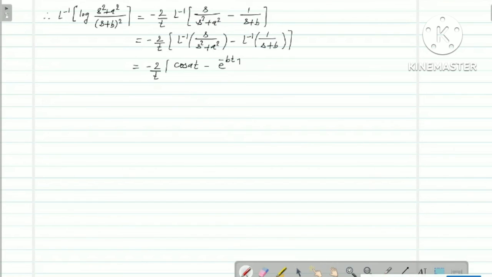Multiply minus 1 inside the bracket, so this becomes 2 by t times e raised to minus bt minus cos at. So this is your required inverse Laplace transform of the given function. I hope you understood this problem also. Yes or no? Yes, sir.